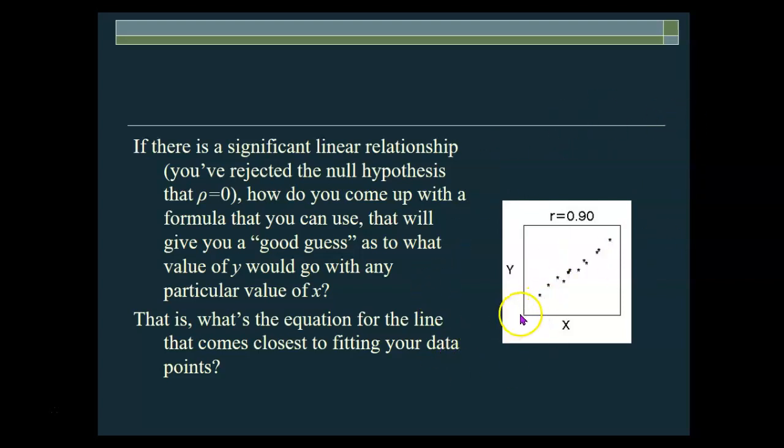That is, what's the equation for the straight line that comes closest to fitting your data points? It's not going to do a perfect job of fitting your data points if the data points don't line up perfectly, but you want to do as good a job as you can.